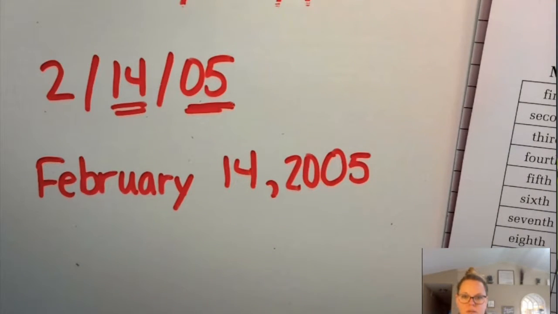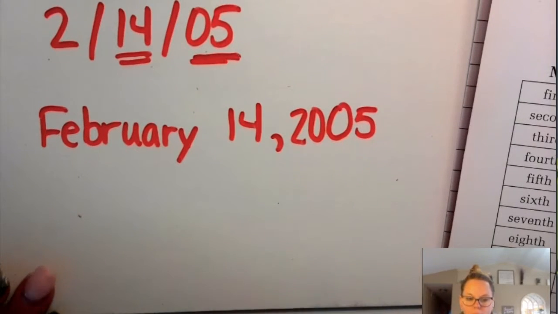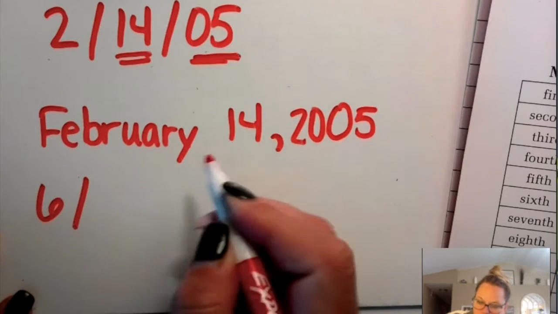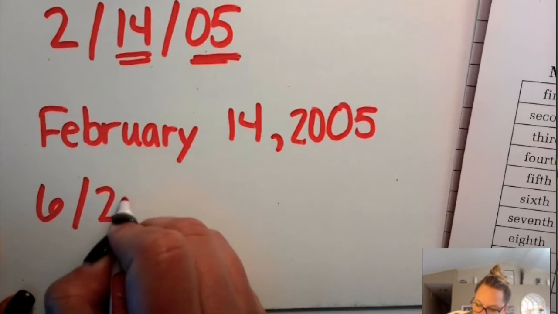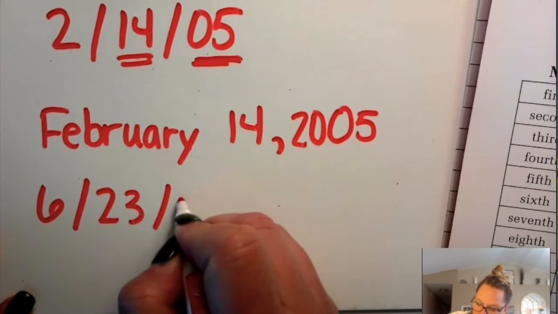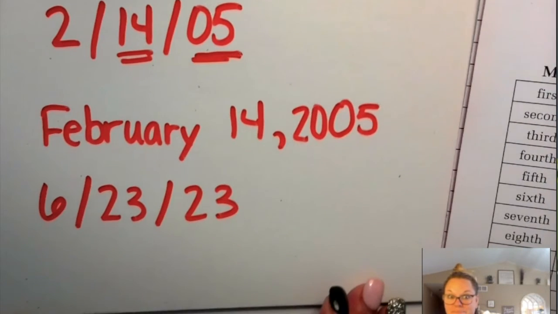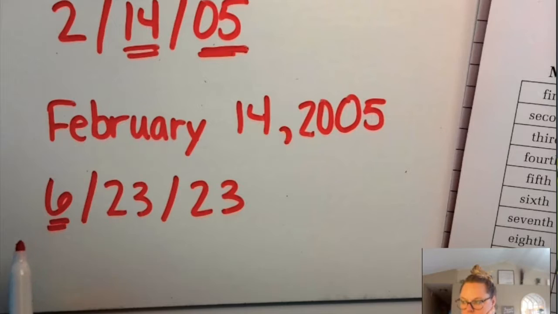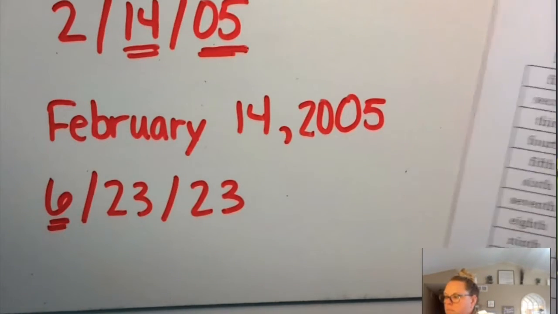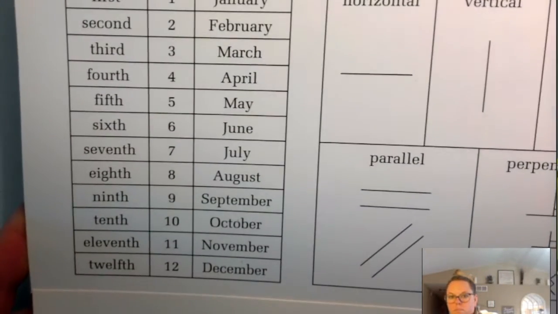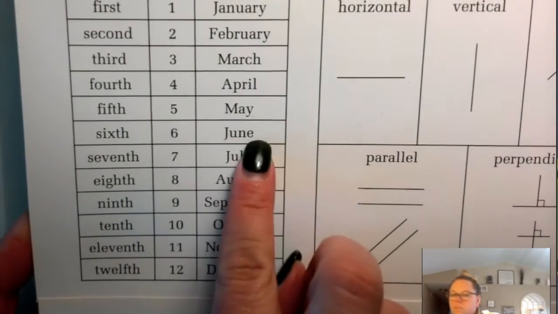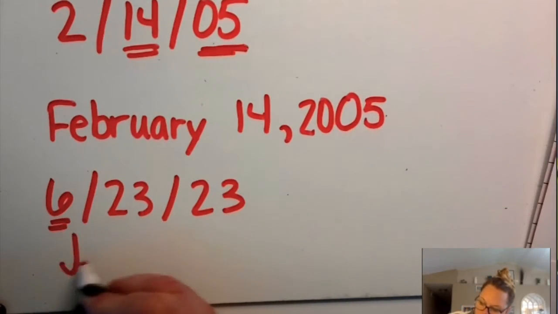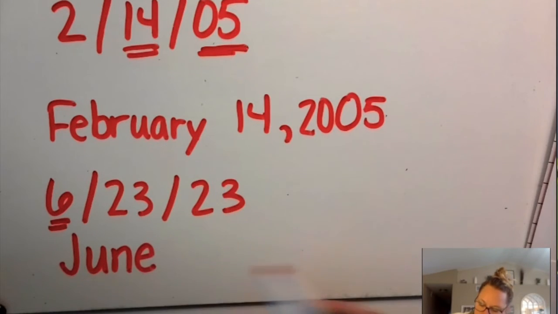Okay, that's 2005. What about 6 slash 23 slash 23? Okay, first is the month. The 6th month of the year, June.